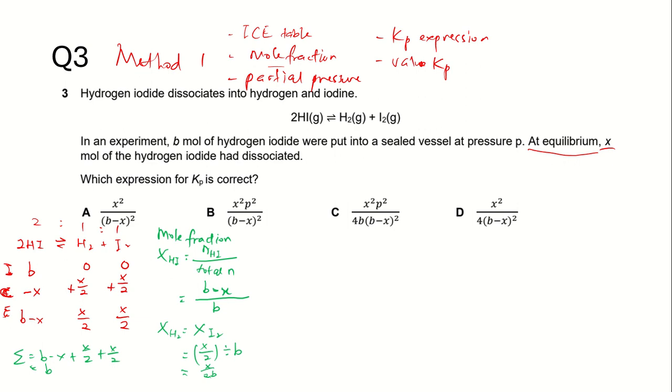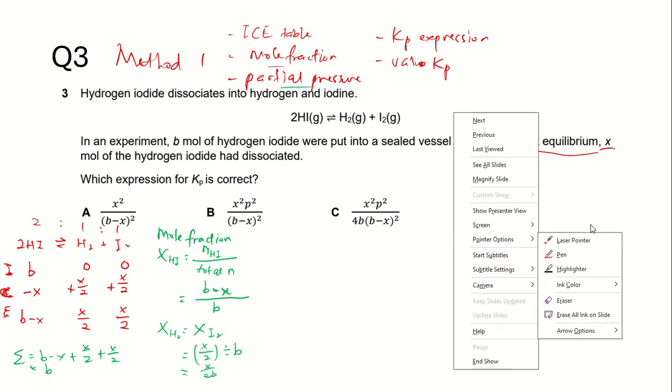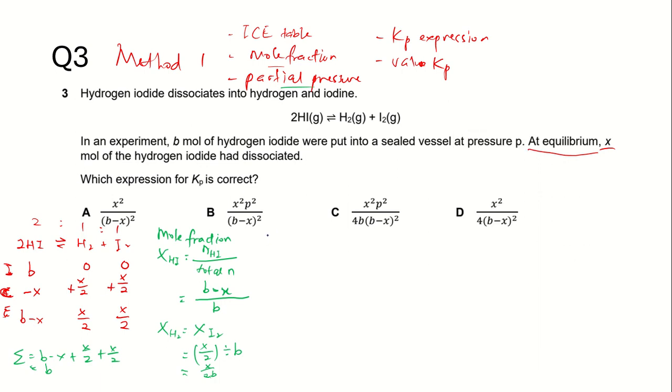Now let's find their partial pressures. Change color again. Okay, partial pressures for each of them. Now, how to find partial pressure?